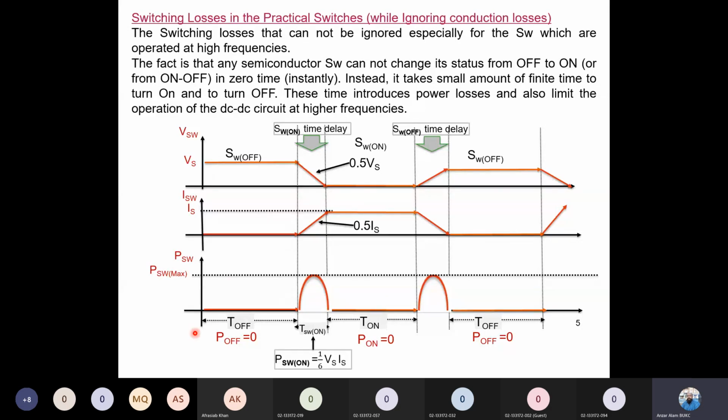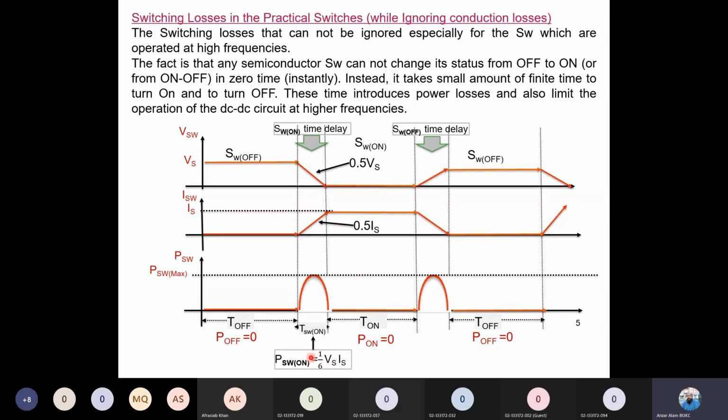Now here we will see soon that the average power loss here is a curve, a sinusoidal curve. How will I calculate the average here? The equation for the average power curve is 1/6 VS IS. Now see here, half VS, 1/2 VS, 1/2 IS, multiplying these two we get 1/4 VS IS.